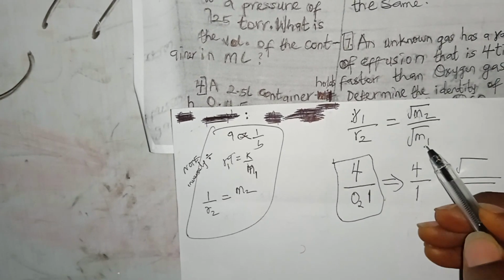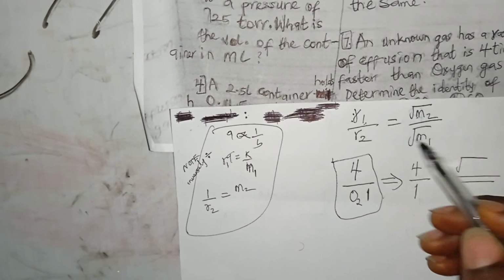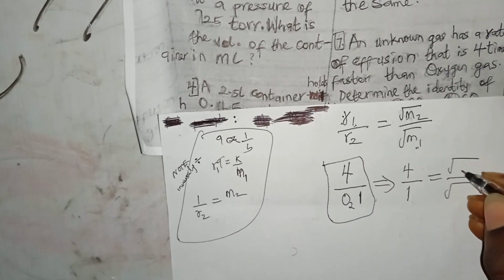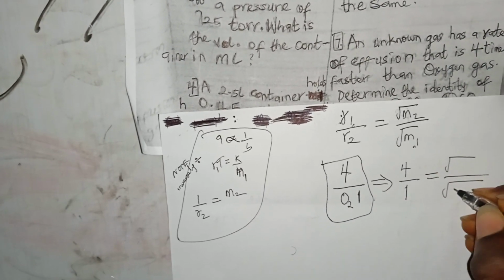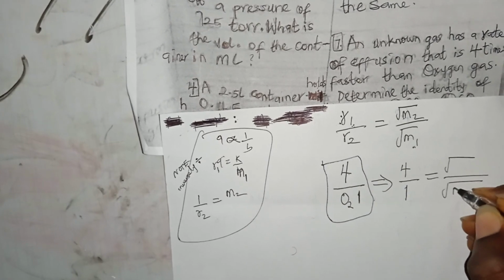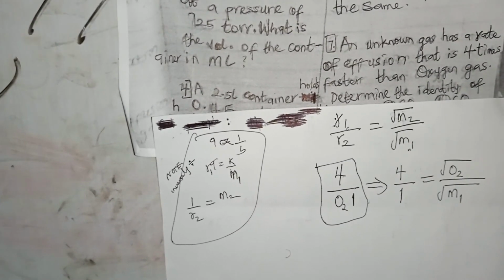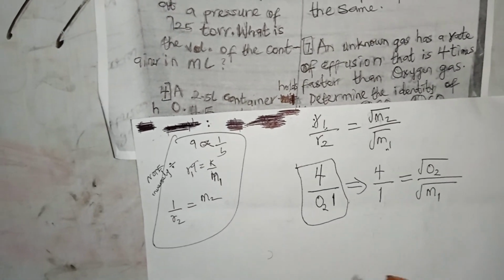The rate of M1 is R1, the rate of M2 is R2. So it will come down here. We don't know M1, then this one is O2, oxygen, which is given.